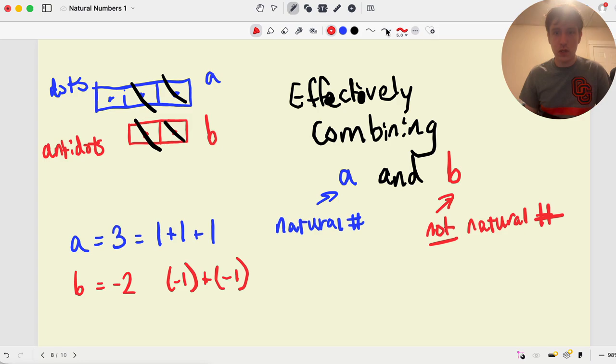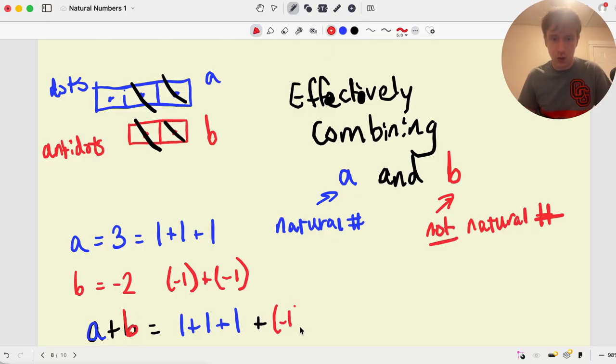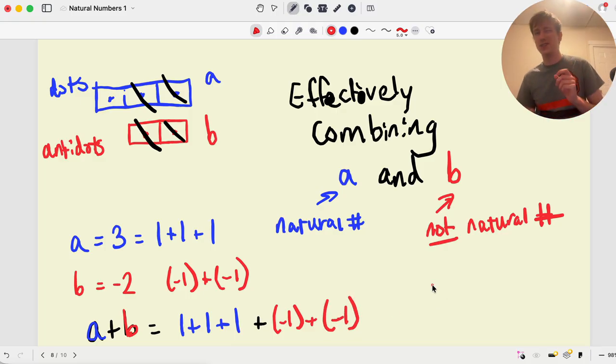You can see this because if I take A plus B, A was 1 plus 1 plus 1, plus B, which was -1 plus -1. And remember, I have the associative rule, which technically only works for natural numbers, but maybe it'll work in this case.